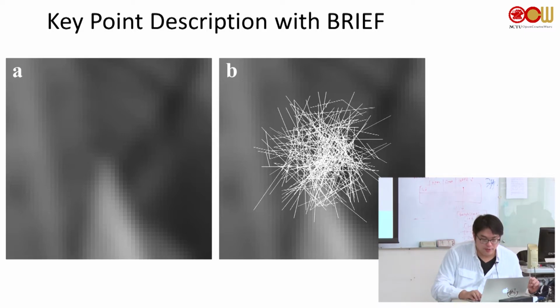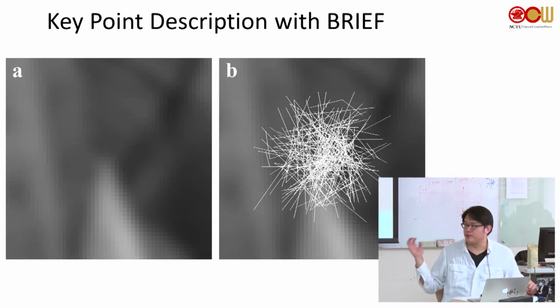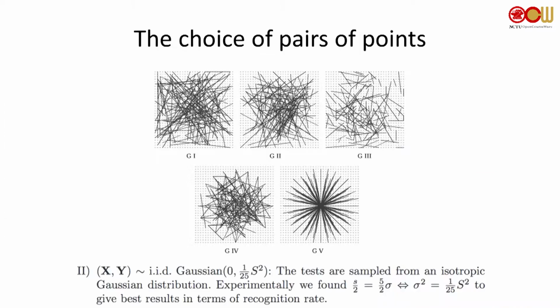You may think that this is kind of random, so maybe we could see some other choices of pairs of points. You can see we have G1, 2, 3, 4, or 5. Surprisingly, this randomness, essentially generated by a Gaussian distribution, actually gives pretty good accuracy for the descriptor.